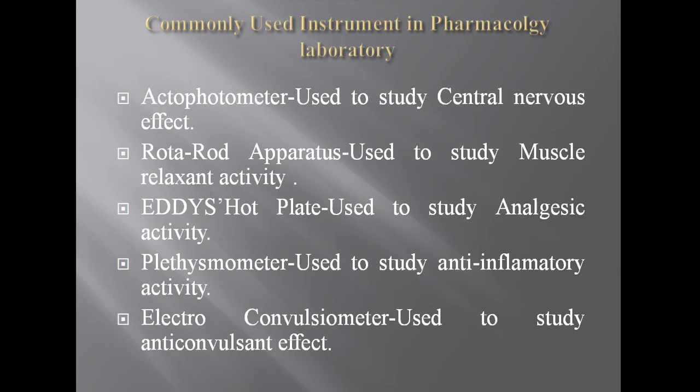Now coming to the plethysmometer. As you have already seen in the slide, the plethysmometer is used to study anti-inflammatory activity. It is designed to provide a highly useful tool in the measurement of small volume changes.